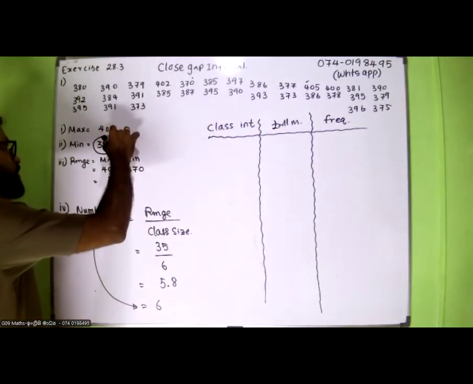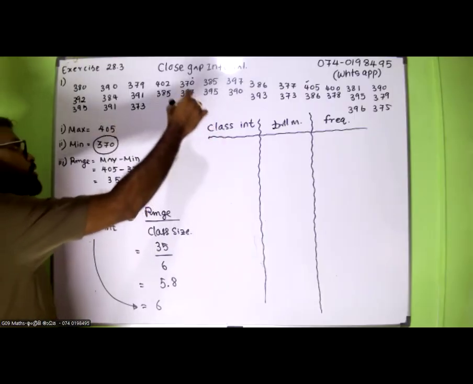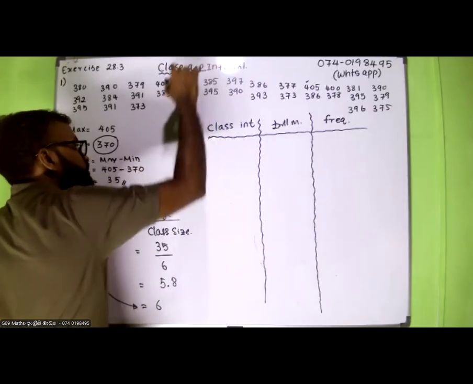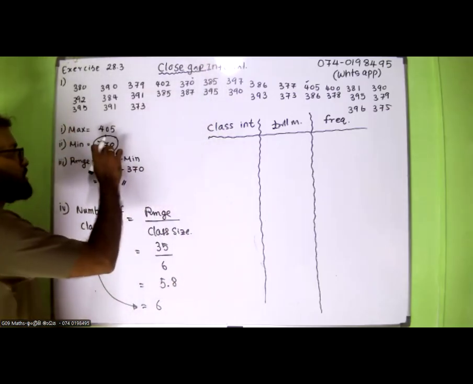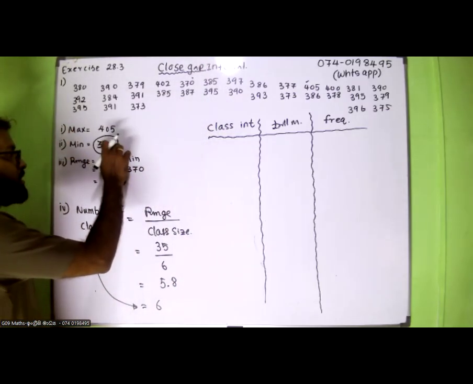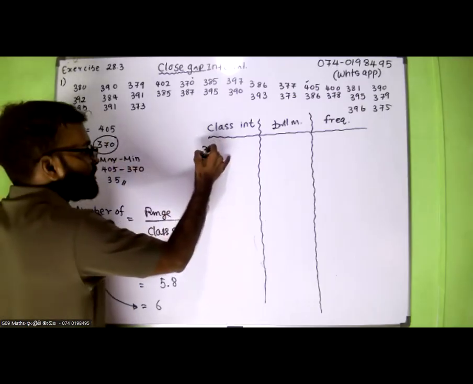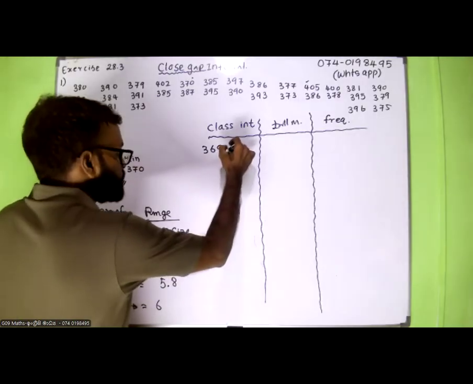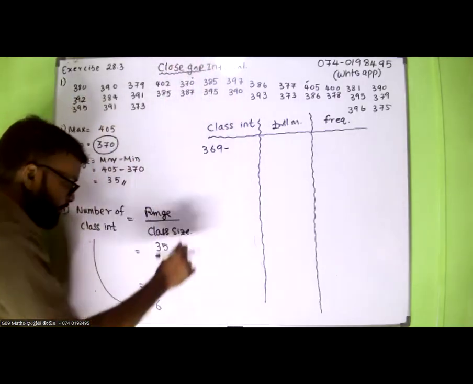All right. But I told you guys to define it as closed gap, so the starting point should be 370 minus 1, that is 369, since this is closed gap.